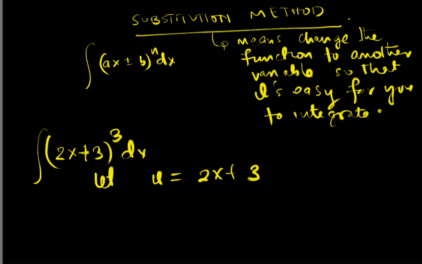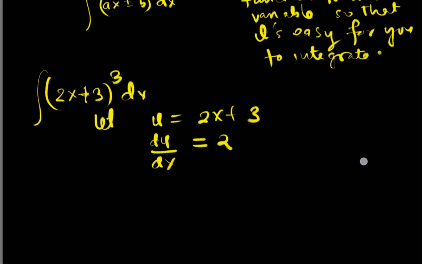For you to be able to integrate your integrand, the small increment has to be the same as the variable in the integrand. So to get dx, we are going to differentiate. We find du dx, which gives you 2.